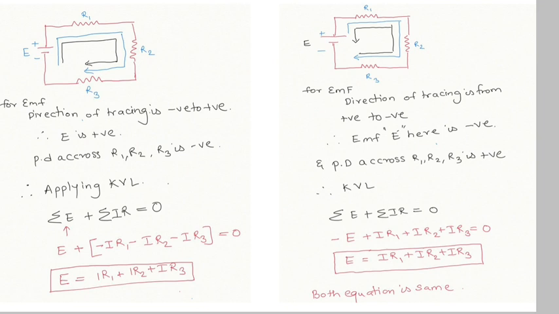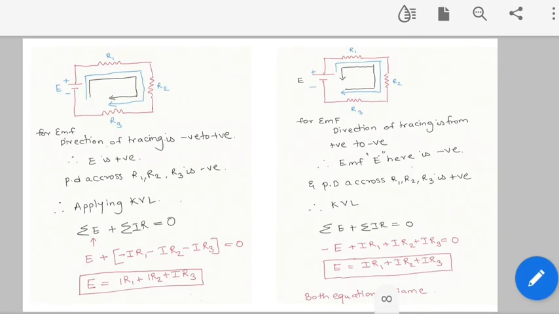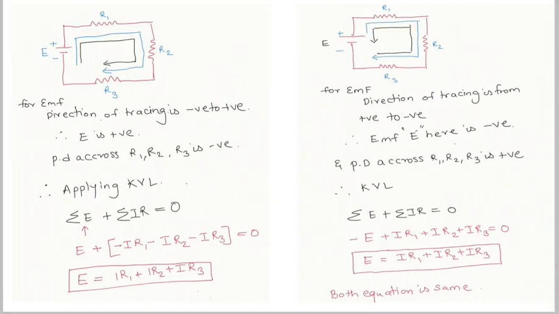So applying KVL, the summation of EMF plus the summation of voltage differences across the resistances, that is IR according to Ohm's law, will be equal to 0. So E is positive, and the IR terms are negative: E minus IR1 minus IR2 minus IR3 is equal to 0.